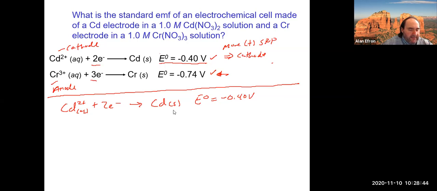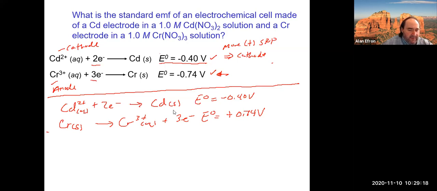Bottom one really does need to be reversed, and we really should have chromium over here going to chromium 3+ and 3 electrons. So what I was talking about earlier was I just reversed this reaction, which means technically speaking, the E value for the reaction I just wrote is actually positive 0.74 volts. So that technically should be reversed. The E value should become positive in this case.